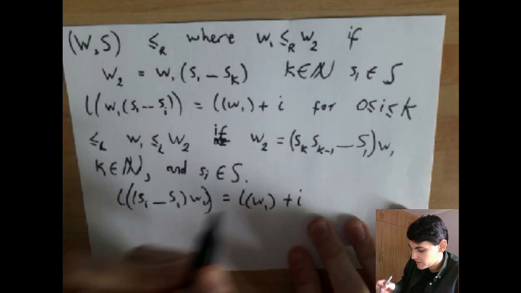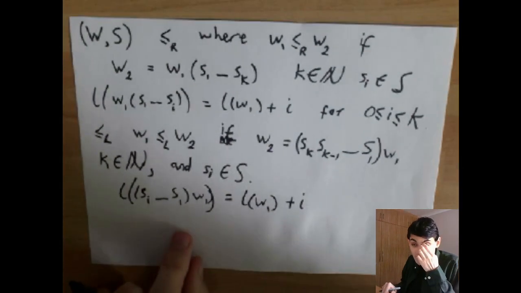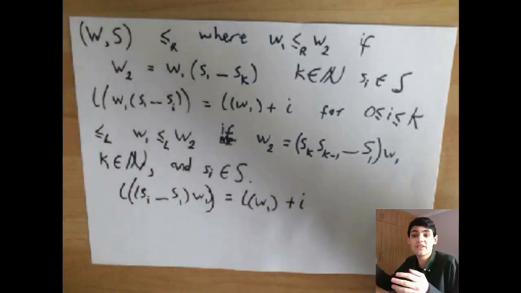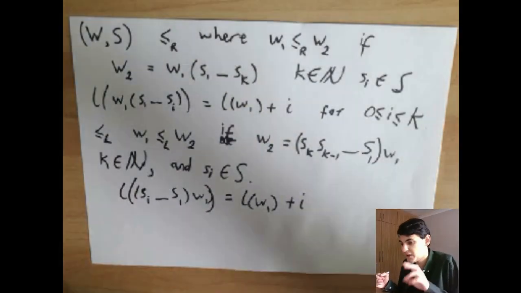Basically it's the same idea, but instead of multiplying on the right, you're multiplying on the left. So that's the right and left weak orders respectively.